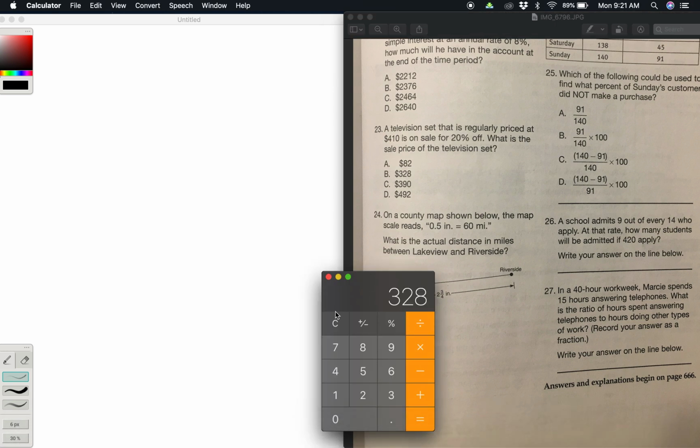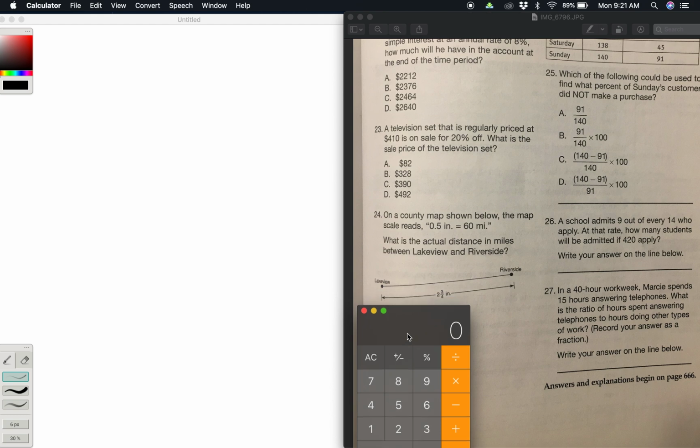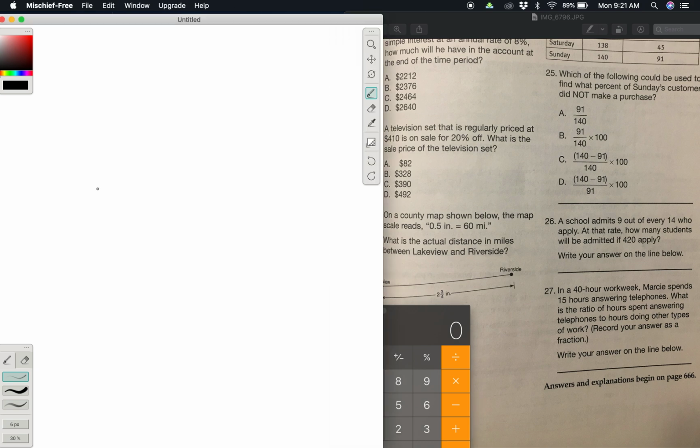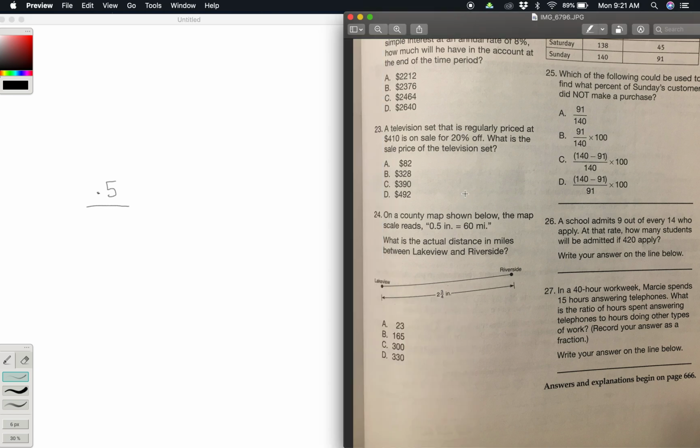So, okay, we know that 0.5 inches is 60 miles, okay? So we have to divide this. Basically 0.5 is a half, so we have to divide this.